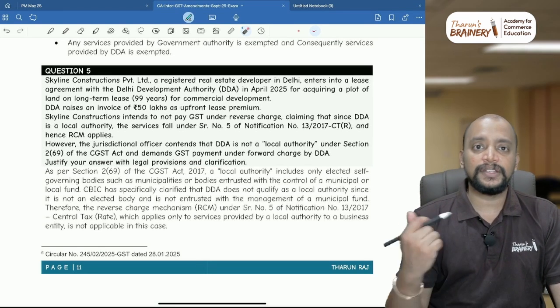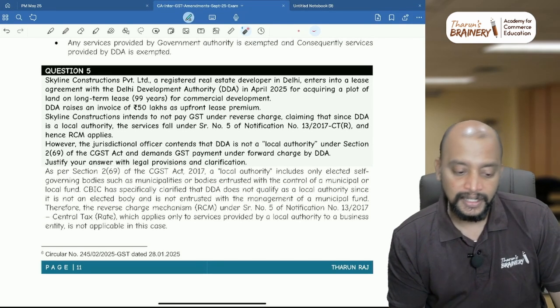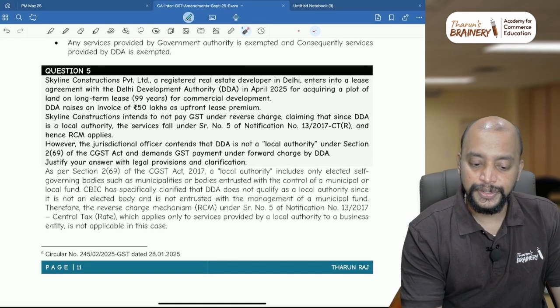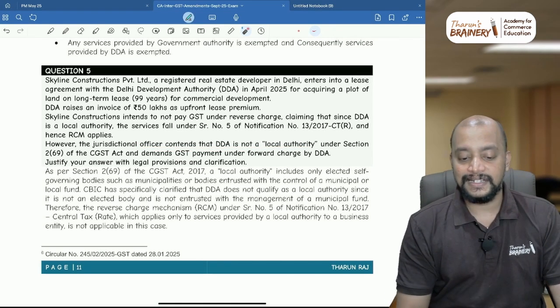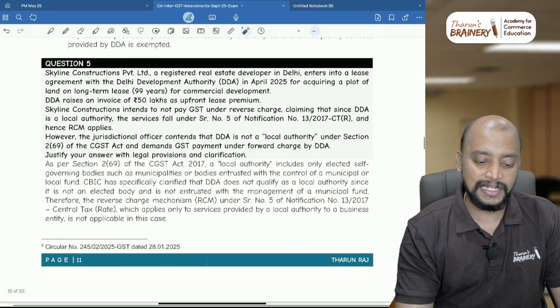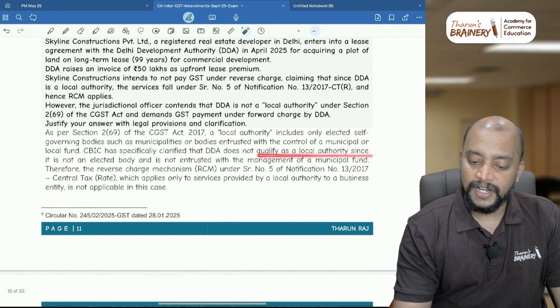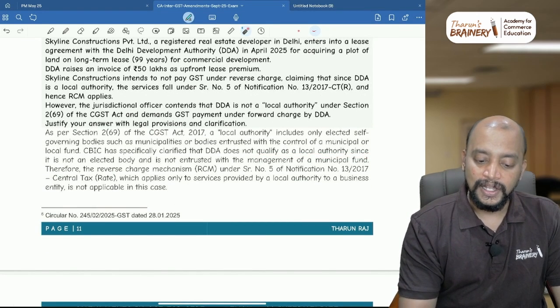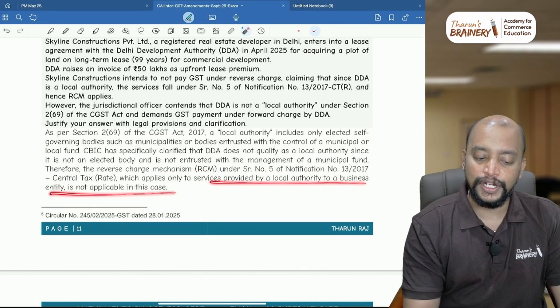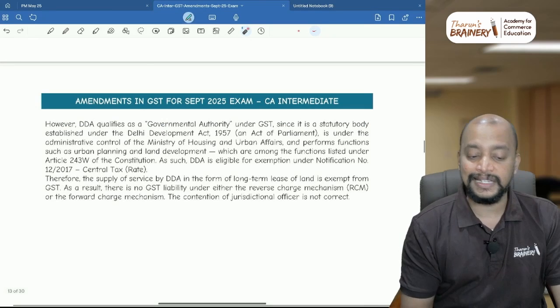Basically, Delhi Development Authority is not a local authority, that is correct. Whatever the jurisdictional officer is contending is correct, but GST payment will not arise. It does not qualify as local authority. Therefore, RCM, which applies only to service provided by local authority to business entity, is not applicable in this case.